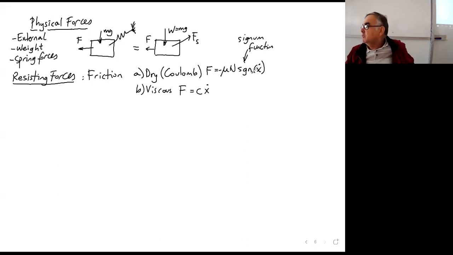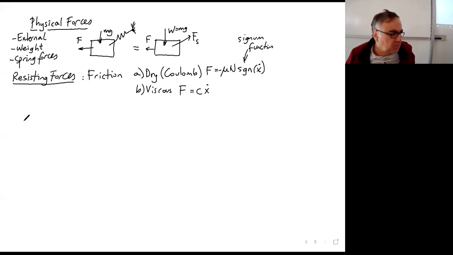It is opposite to the direction of the velocity. And therefore, the dry friction is a nonlinear function of velocity. Therefore, it is more difficult to analyze. But we won't go into that. Let's keep it here.